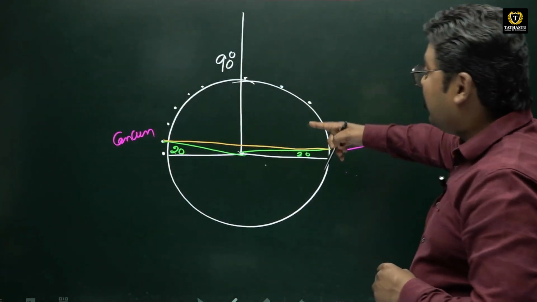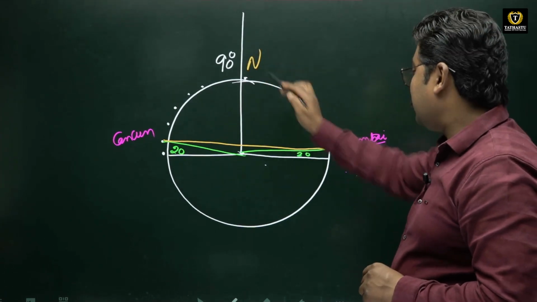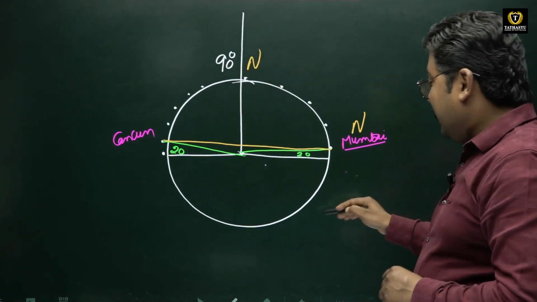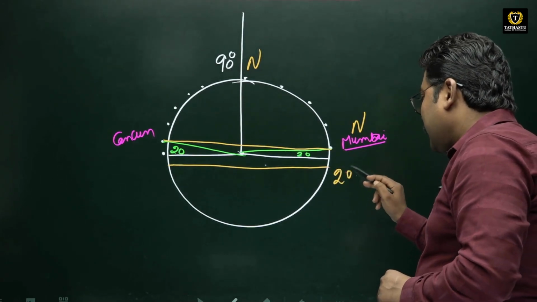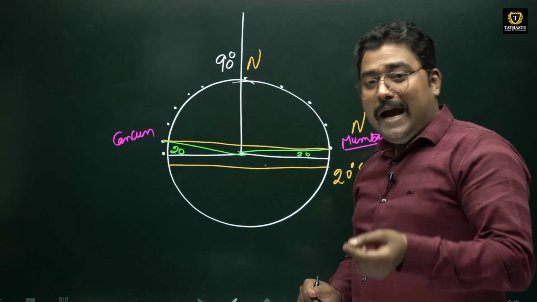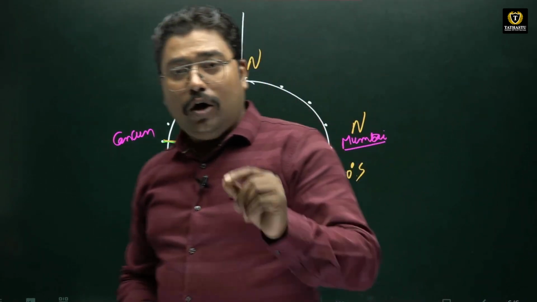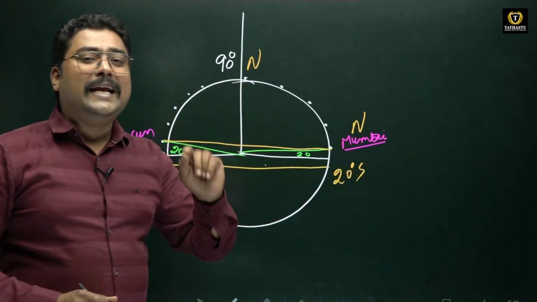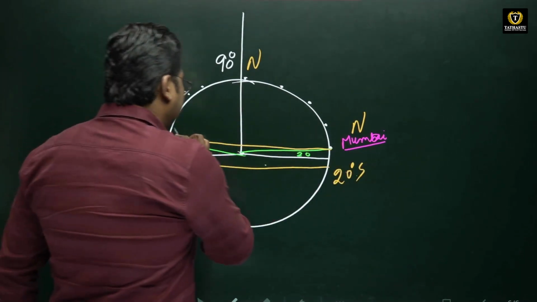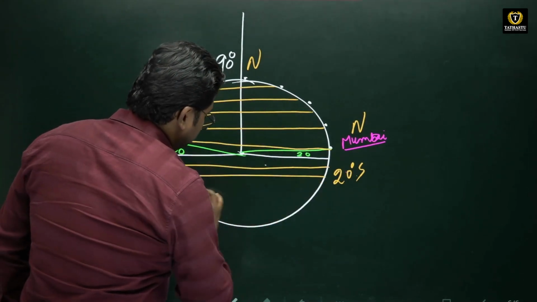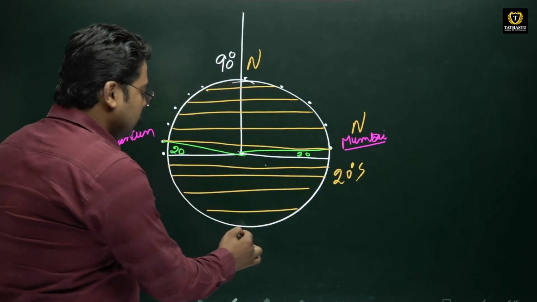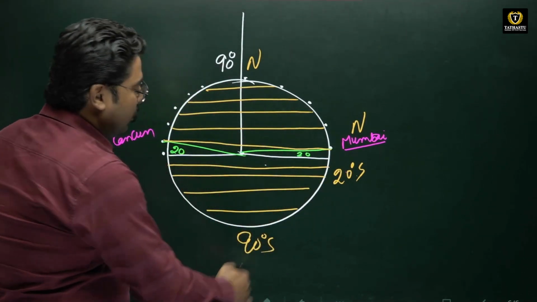Means if it will be in the top, it will be considered as 20 degree north, and if it will be in the bottom, it will be considered as 20 degree south. And in this manner, on the interval of 1 degree each, the latitudes have been made in north and south, 90 top and 90 bottom.